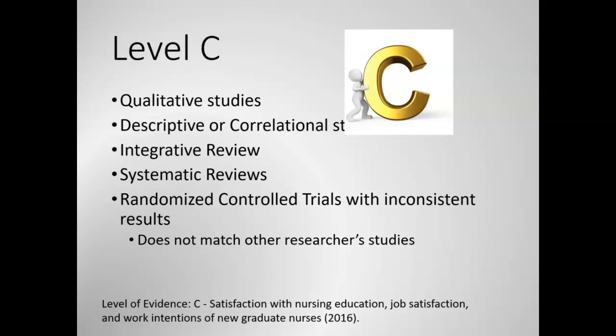Same if you did it again in Washington State. The chances that you're going to have the exact same outcome, even if you randomly selected people from the audience or randomly selected people from the population, from a zip code, still would not get the exact same results. So if you could not duplicate the results into another location, then it wouldn't be a B. It would be a C.